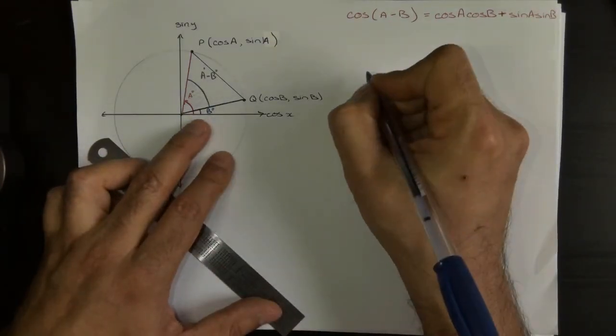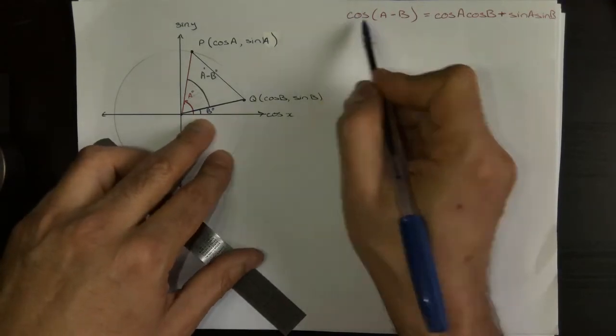So let's try to figure out how we get this identity.